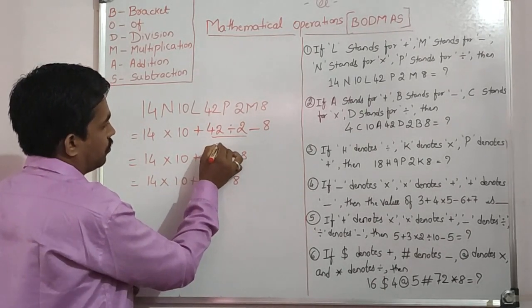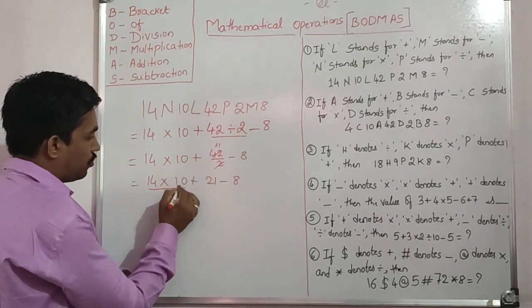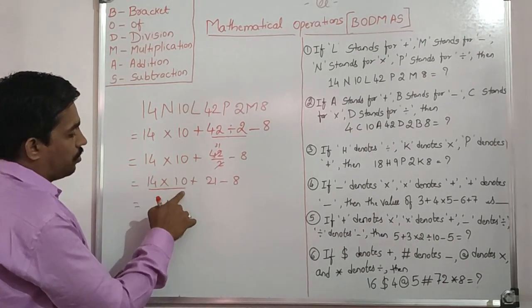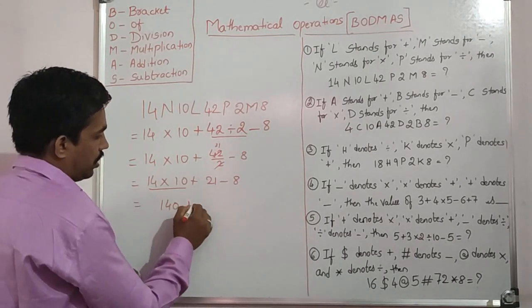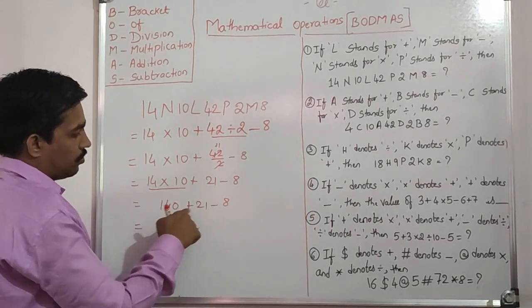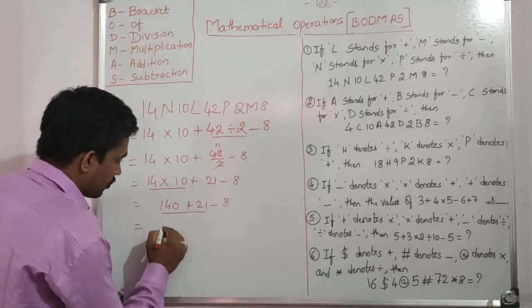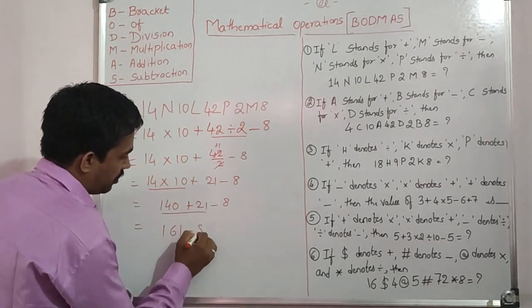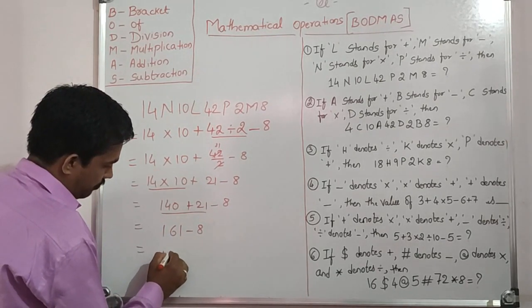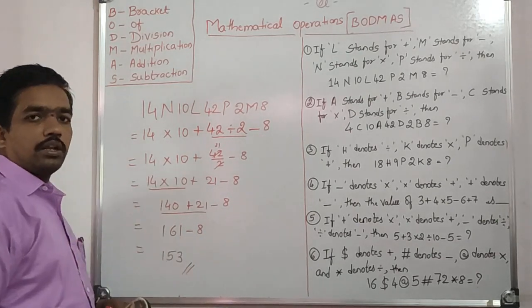Then we have to do multiplication: 14 into 10 is 140, plus 21 minus 8. Next is addition: 161 minus 8 is 153. So it is our final answer.